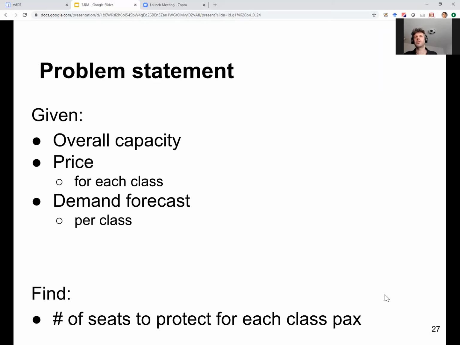Somebody told us about the demand per class, how many we may have of the business class and how many of the leisure class. We'll have a lecture on that. And we want to understand how many seats we should reserve for the different classes. This is not a fully formal problem statement, but at least we are trying to get to this bulleted list of what we want in the input and in the output.